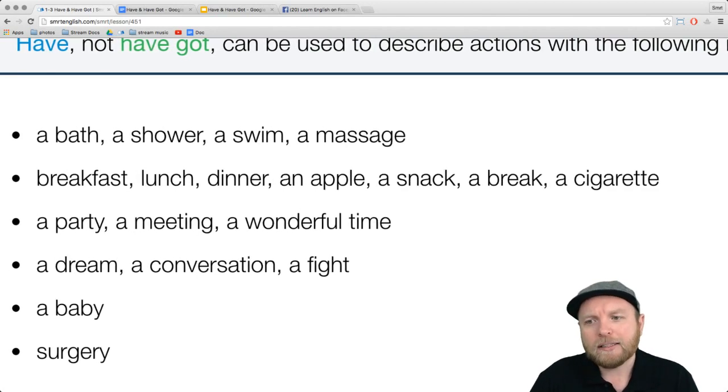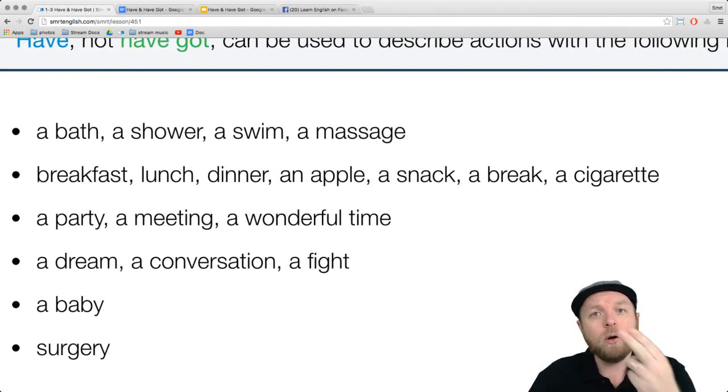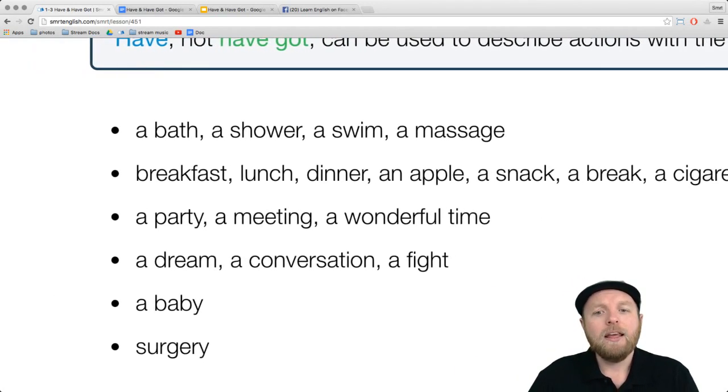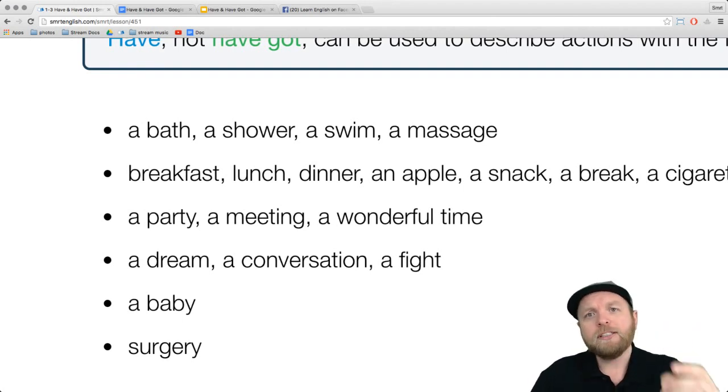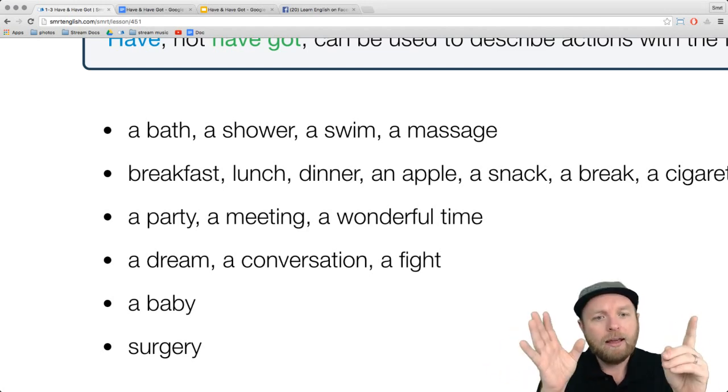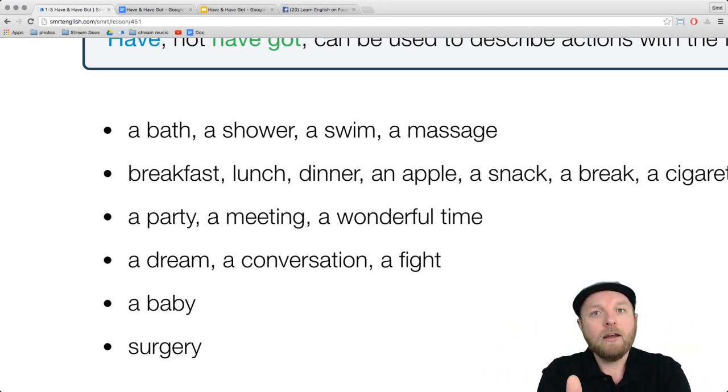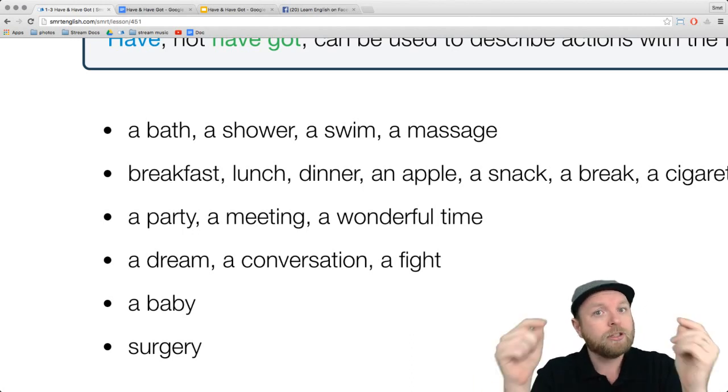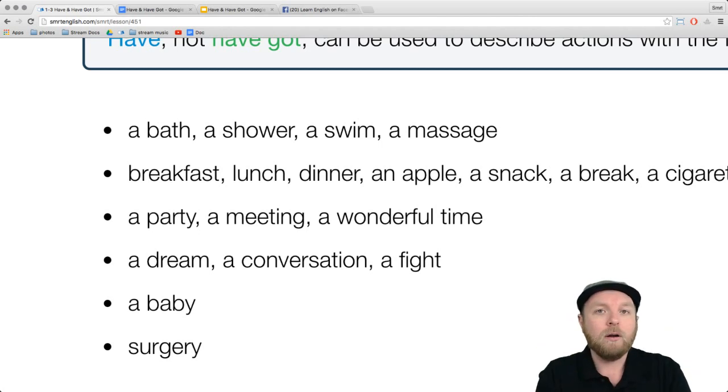Have a cigarette if you smoke. That means smoke a cigarette. If have is this meaning, you can't say have got. And if have is this meaning, you can say having, if you're talking about right now.